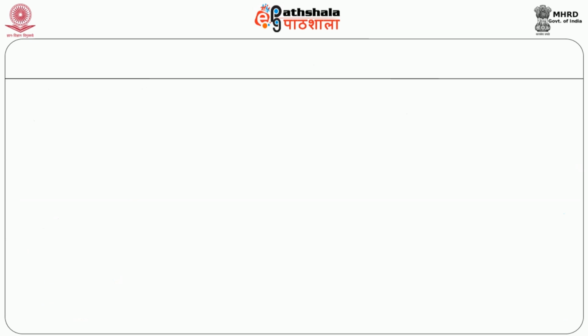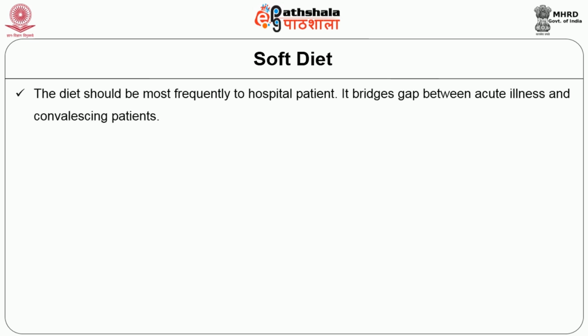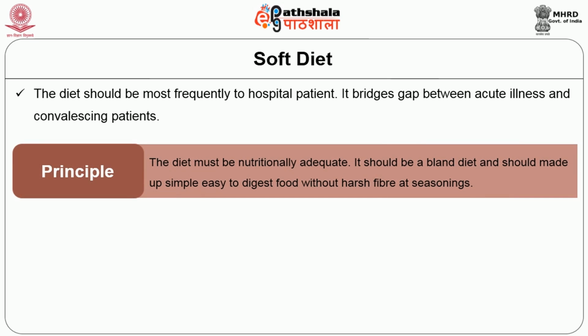Now, if we look into the next diet, when the person is more suitable with this diet, the next type of diet is the soft diet. This is the diet most frequently followed in hospital patients. It usually bridges the gap between the acute illness and the convalescing stage. The diet must be nutritionally adequate.